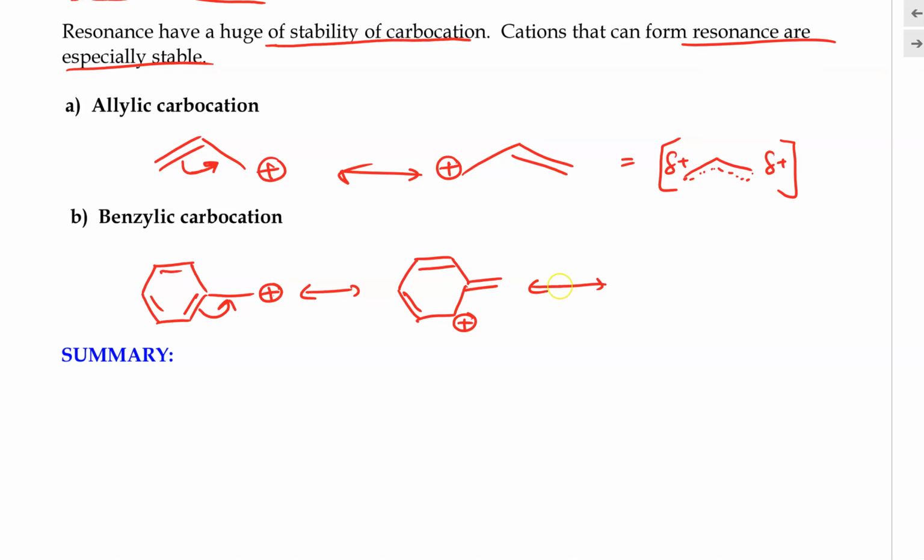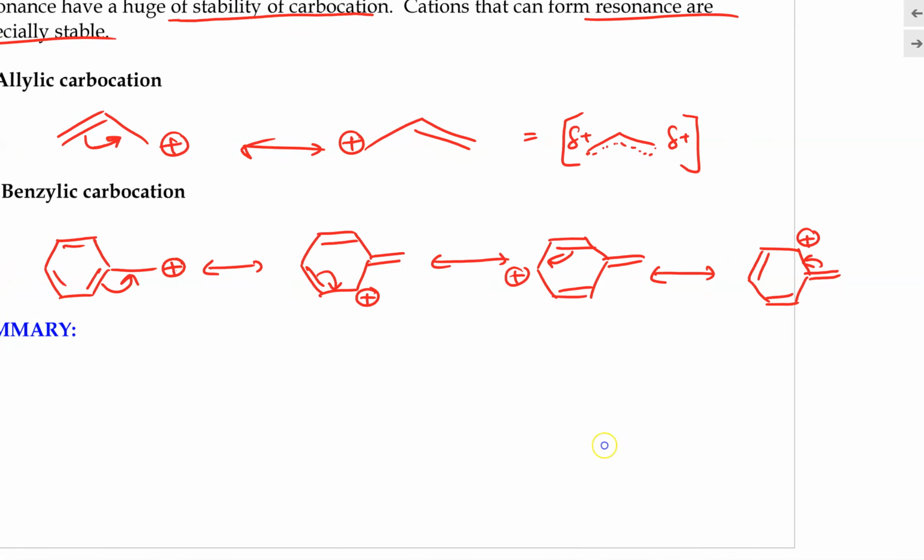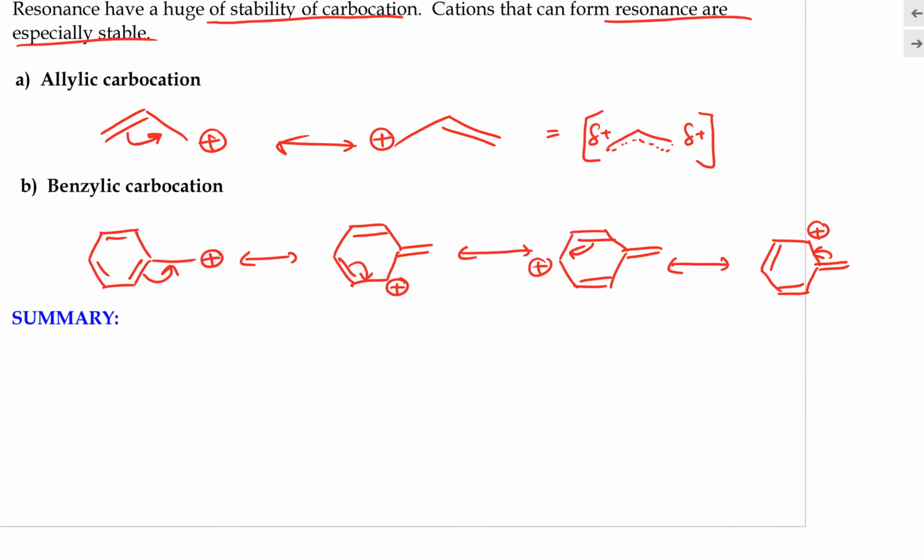This can further form more resonance structures, and one more resonance structure. And this can happen again, which then goes back to the previous structure that we had from the beginning.